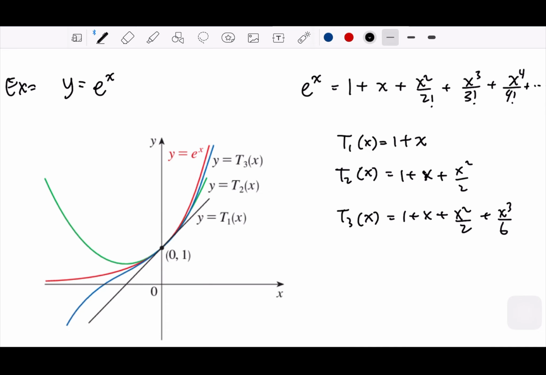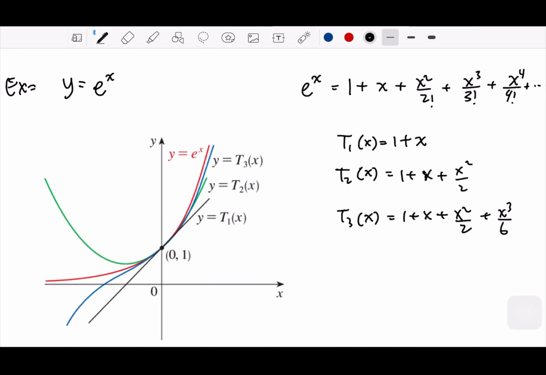So this is the best way to approximate these points. When we have points nearby (0, 1), that's our best approximation. If we are too far, we really have a gap.